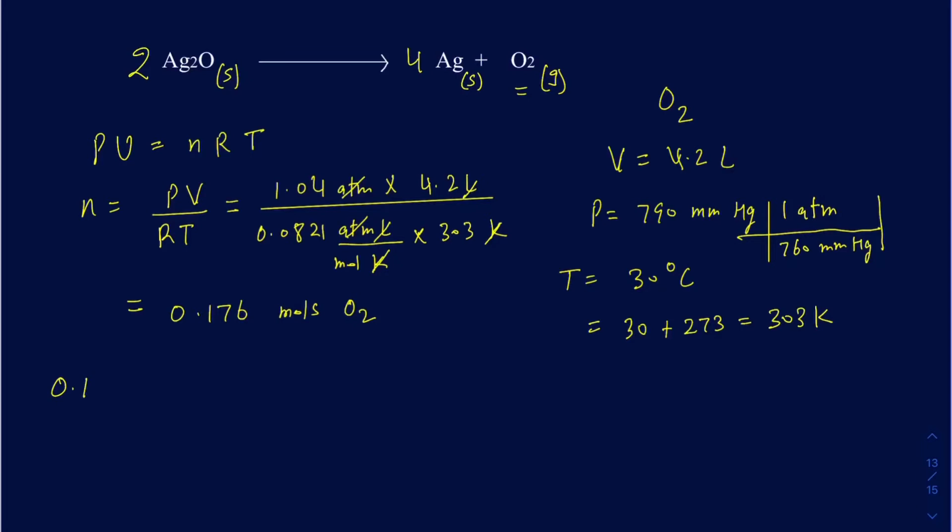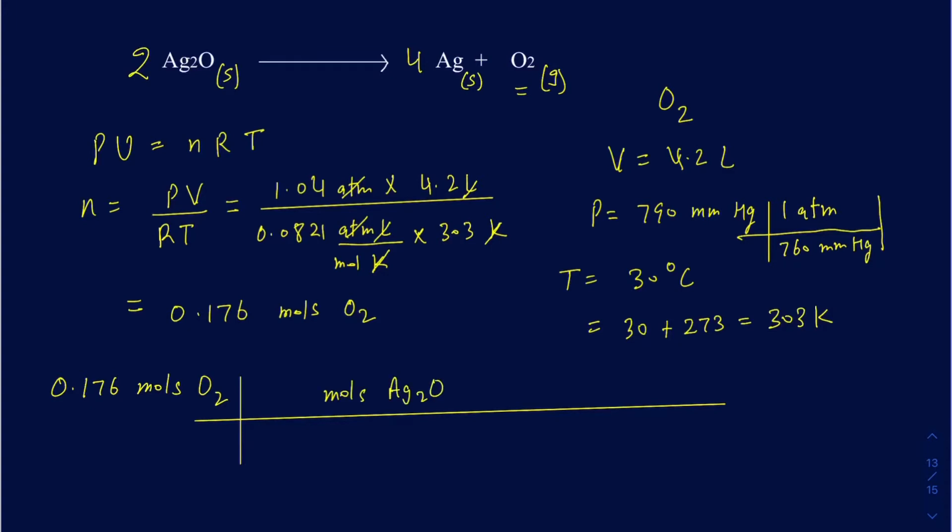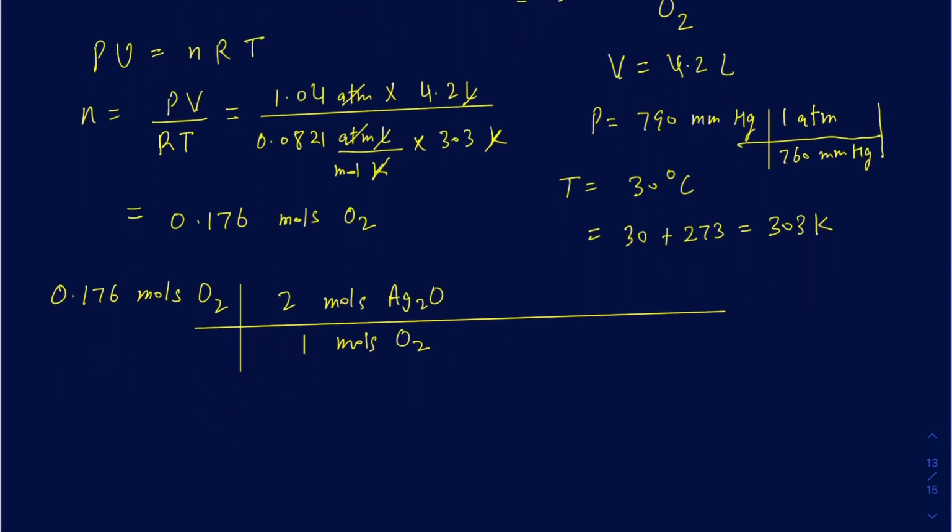So 0.176 moles of O2, and I can find out the moles of Ag2O, and I can get rid of the moles of O2. I know for every mole of O2 there are 2 moles of Ag2O used, silver oxide. So I got 1 mole of O2 and 2 moles of Ag2O.